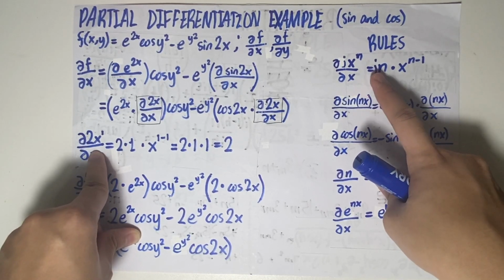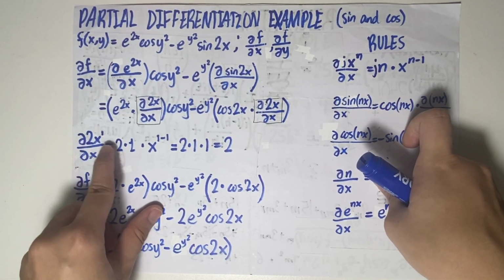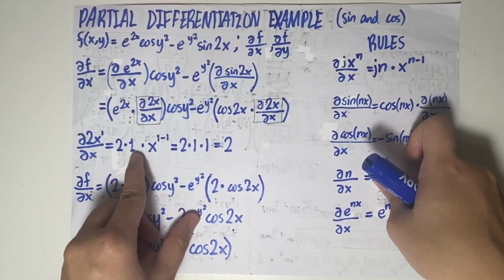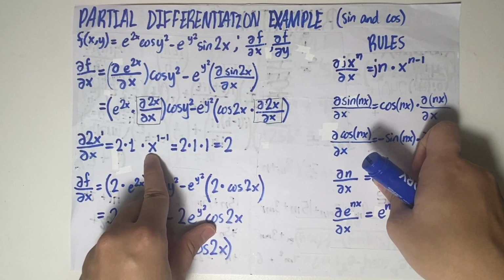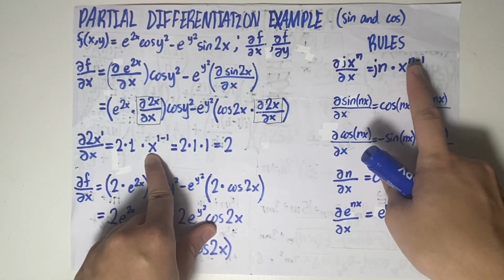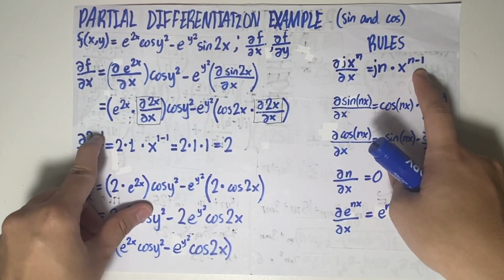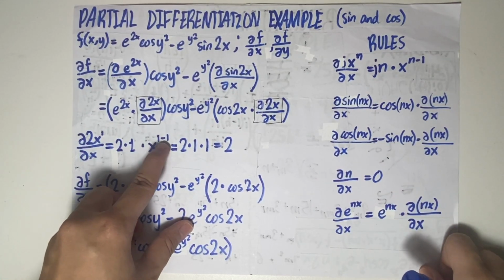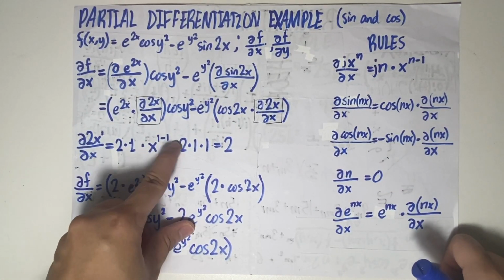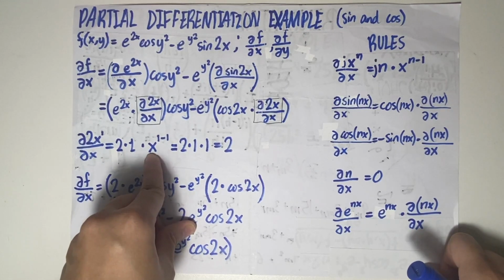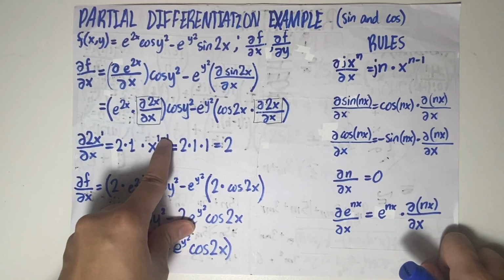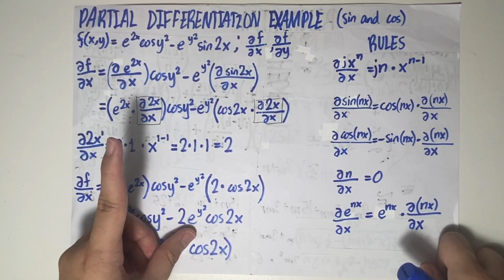So j times n, 2 times 1, multiplied by x to the power of n minus 1. Our n is 1, so it becomes 1 minus 1, which is x to the power of 0. And any number to the power of 0 is equal to 1.